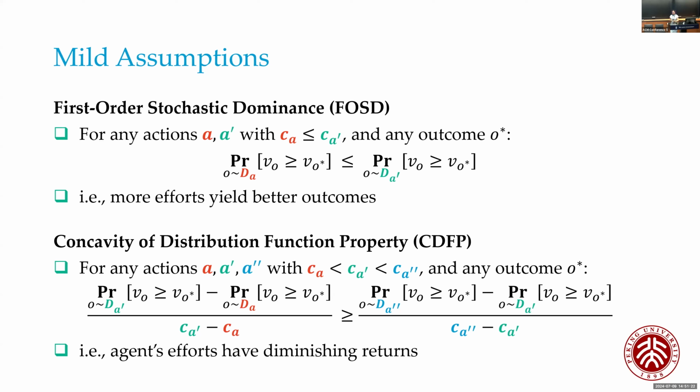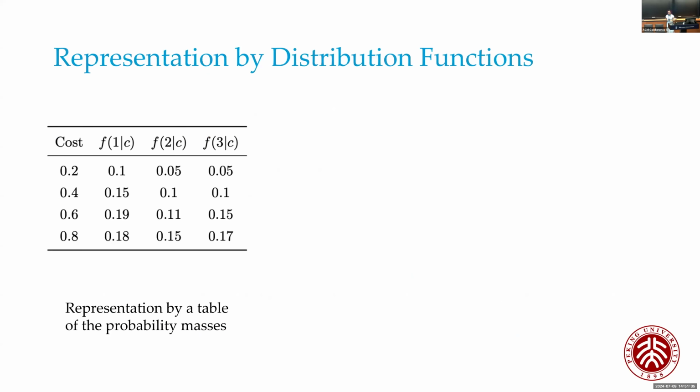And more importantly, we can find that these two assumptions are both talking about the relation between cost and the probability that an outcome is no worse than a certain outcome. We can treat this probability as a function of cost when fixing any arbitrary outcome. And we can get an alternative representation by these so-called distribution functions of the contract instances.